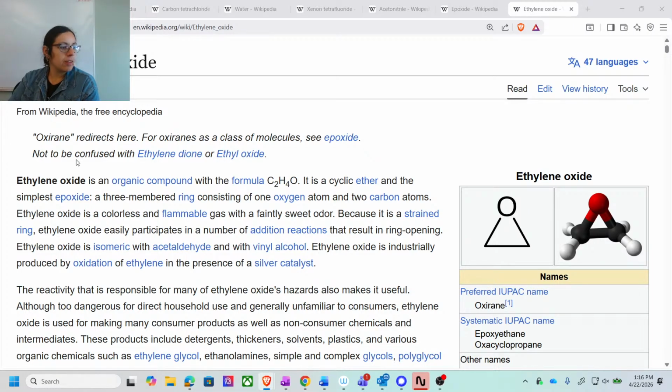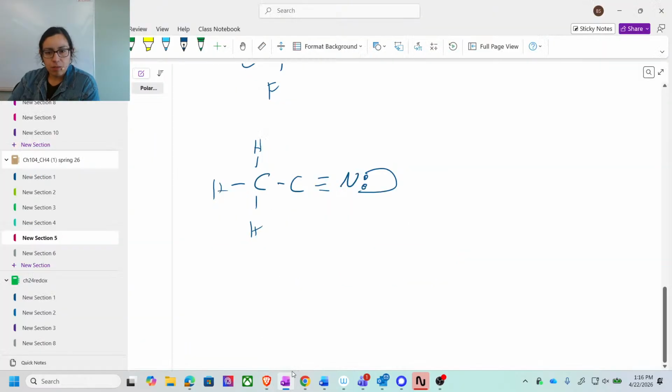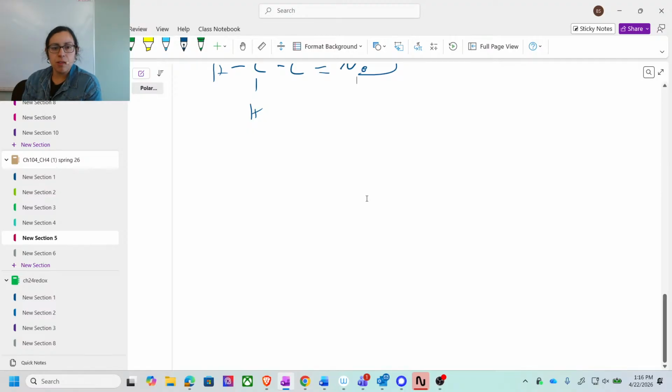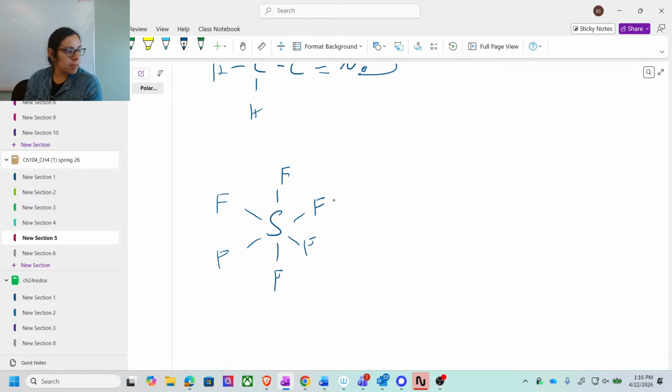So let's see, what are other good examples? Oh yeah, let's look at this one then. What about sulfur hexafluoride? Is that polar, nonpolar? Take a minute for that one.